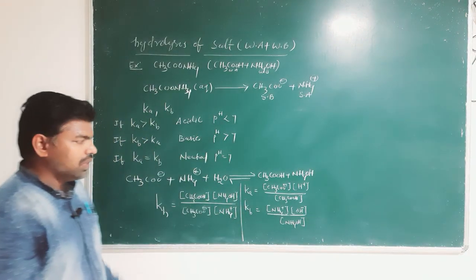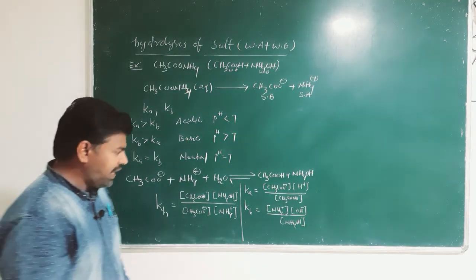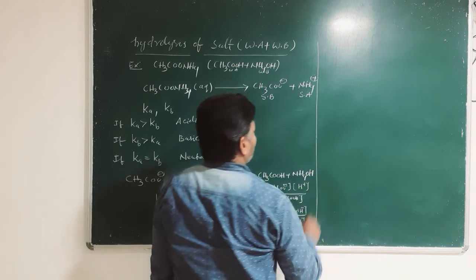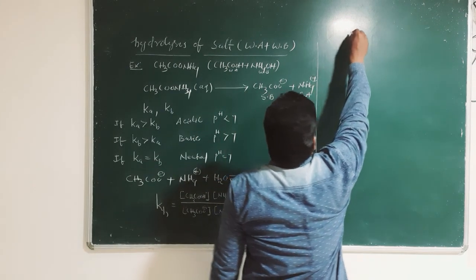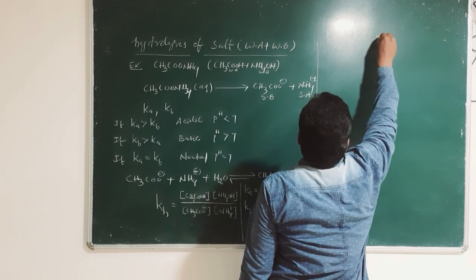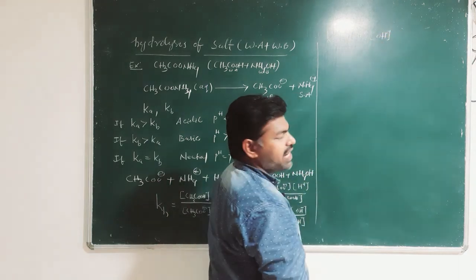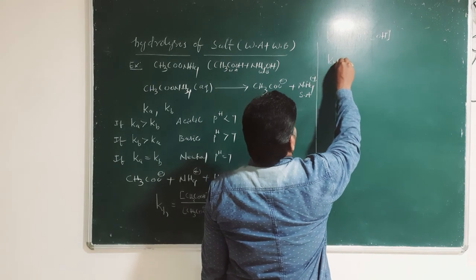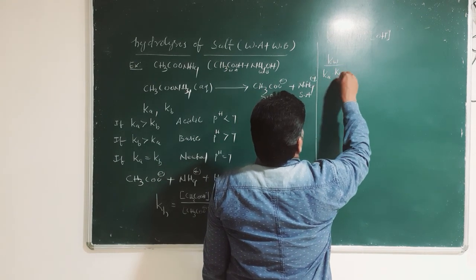We know that the ionic product of water Kw is equal to the concentration of H plus into the concentration of OH minus. I shall take the ratio, that is, Kw by Ka into Kb.